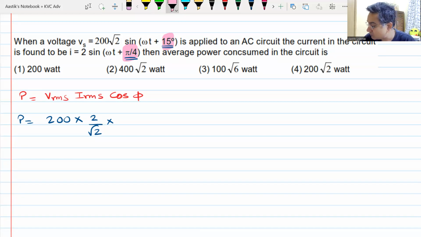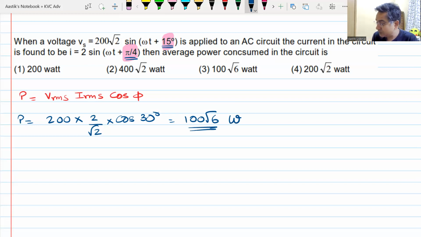Multiplied by cos of 30 degrees, which is root 3 by 2. So you end up with the answer of 100 root 6 watt. Do we understand this?